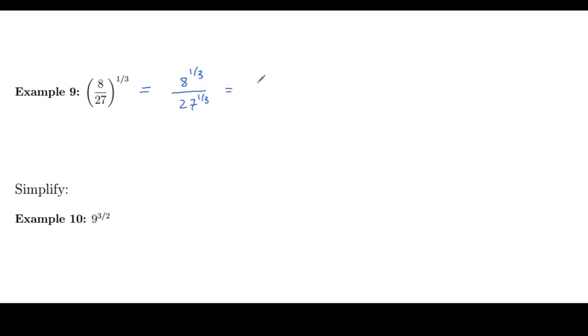And now converting each of these, the numerator would be the cube root of 8 divided by the cube root of 27. The cube root of 8 is 2, because 2 cubed is 8. 2 times 2 times 2 is 8. And the cube root of 27 is 3. 3 times 3 is 9, times 3 is 27. So that would be 2/3.